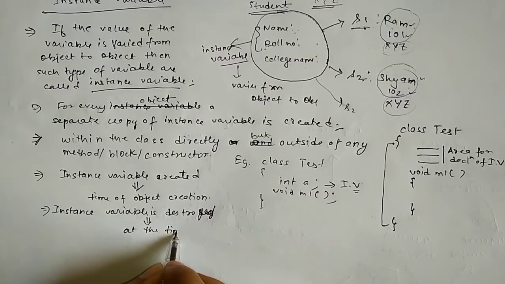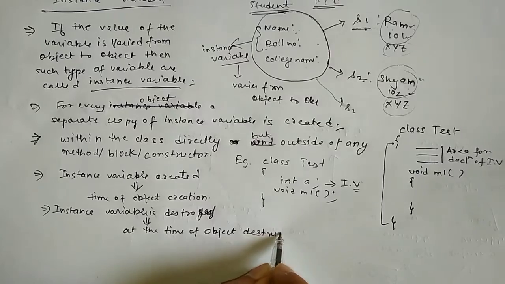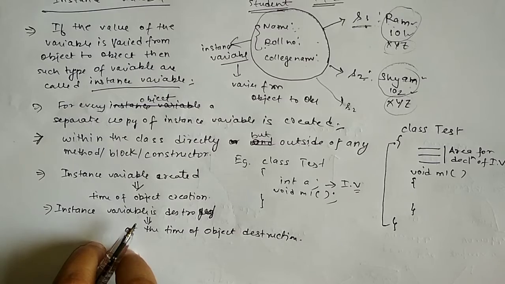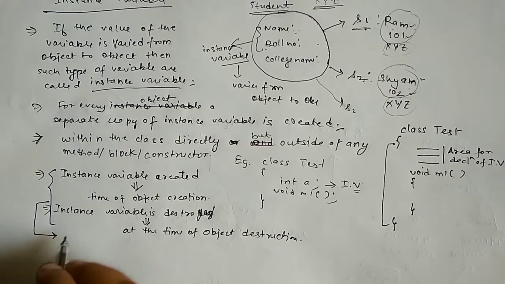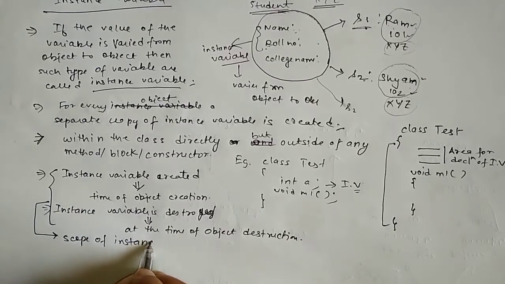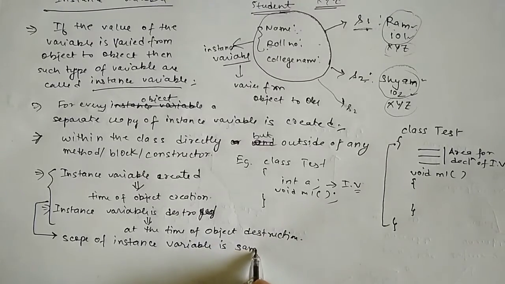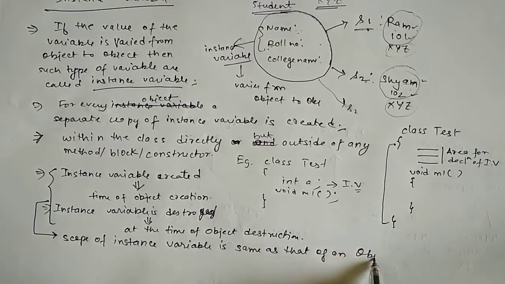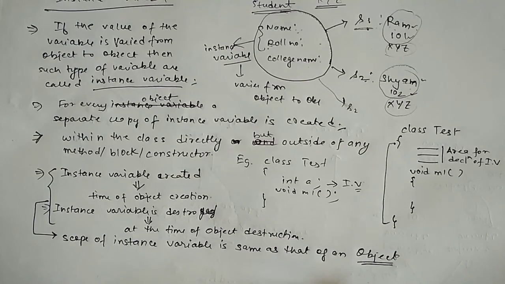So from both the above two cases, we can conclude that the scope of the instance variable is the same as that of an object.